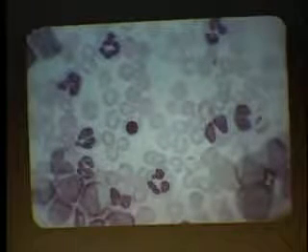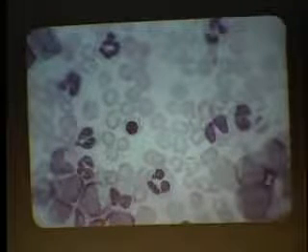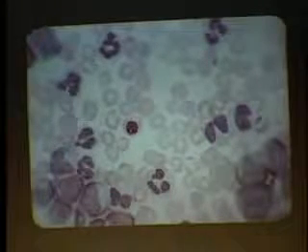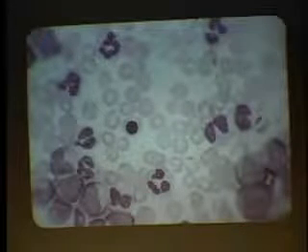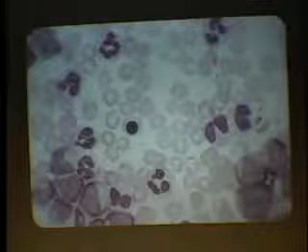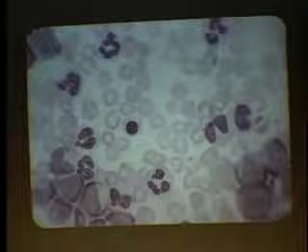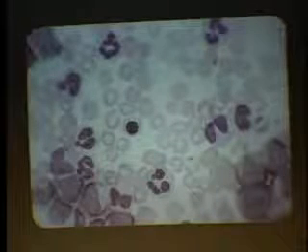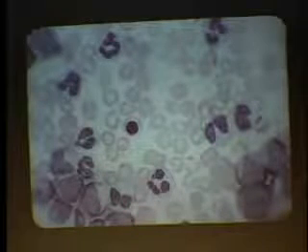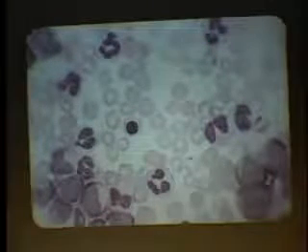What are these? Erythrocytes. What's the precursor of the erythrocyte? Normoblast. Say it. Normoblast. It loses its nucleus, but here you see lots of these have already lost theirs. It's hard to make a preparation and catch one. These are all ready to go out.